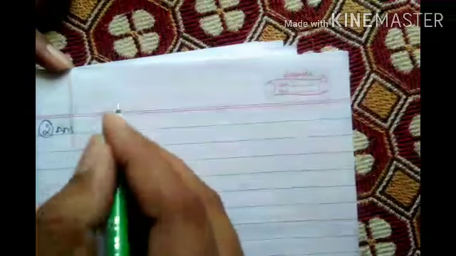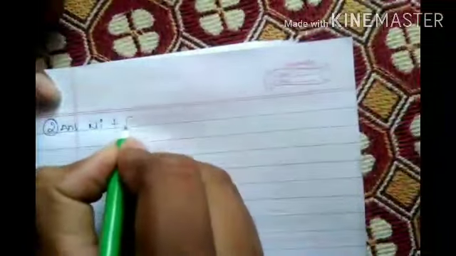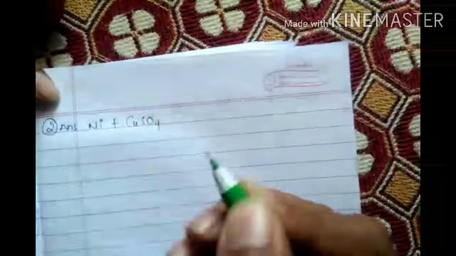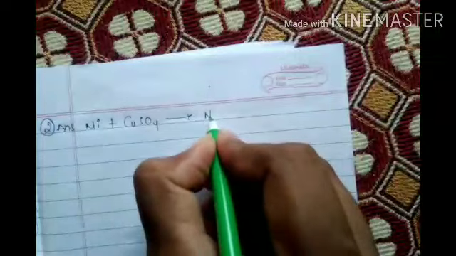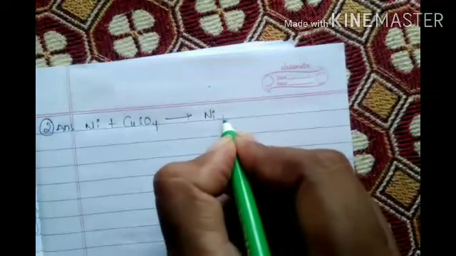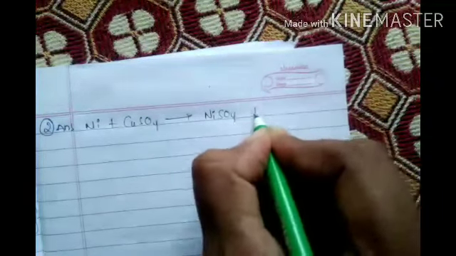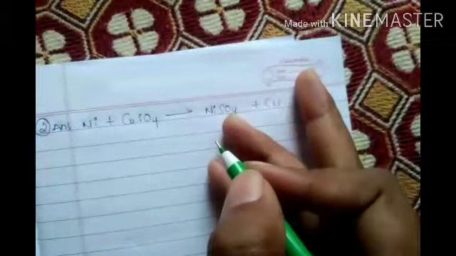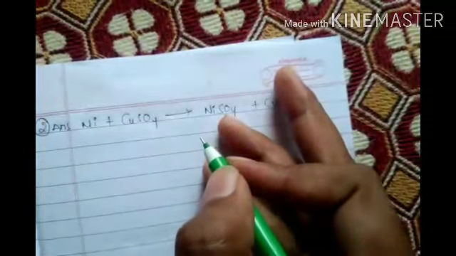Let's take the answer. Nickel plus CuSO4 gives nickel sulfate plus copper. How can we write this?